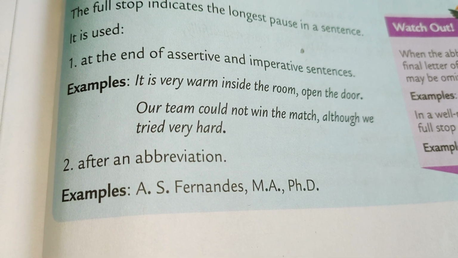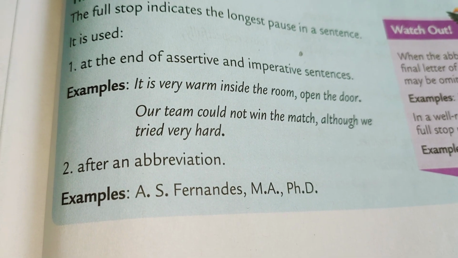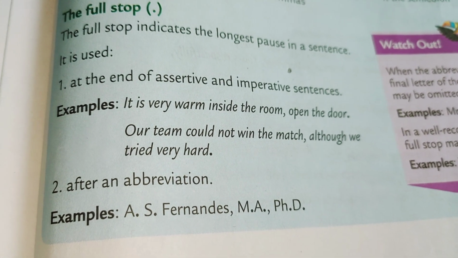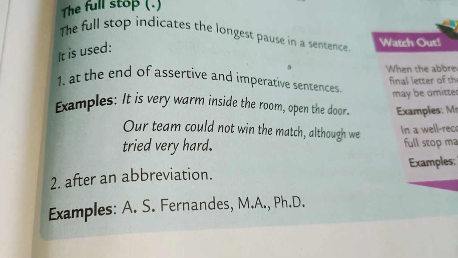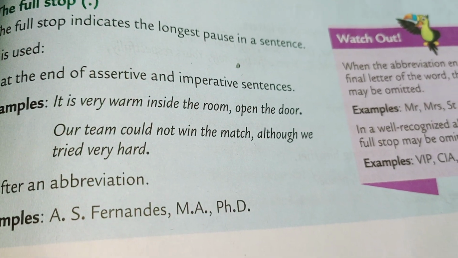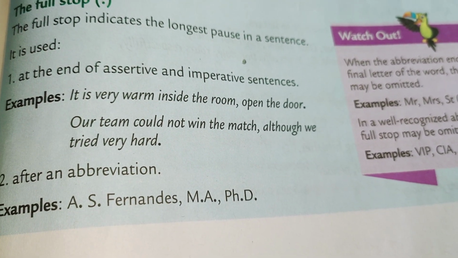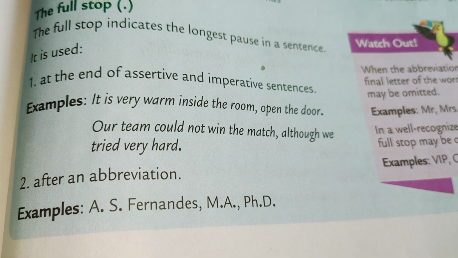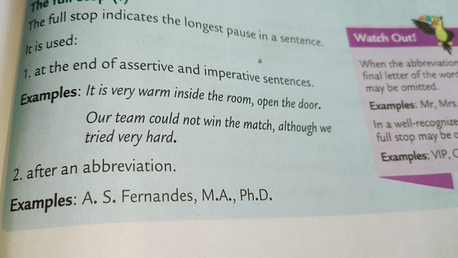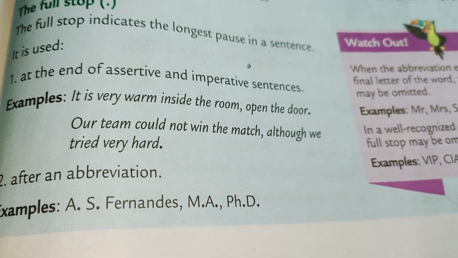So these dots are actually the full stop, which we have used to separate the abbreviations. Like after A we have put a dot, after S again we have put a dot. M.A., that is the Master of Arts. We are separating M from A by using the dot, which is known as the full stop.